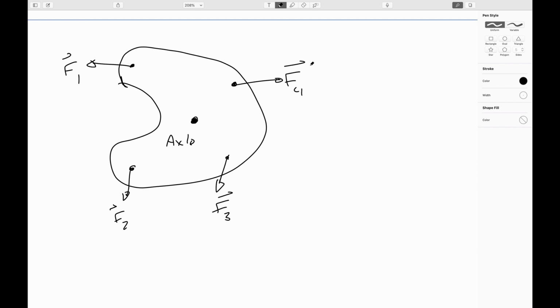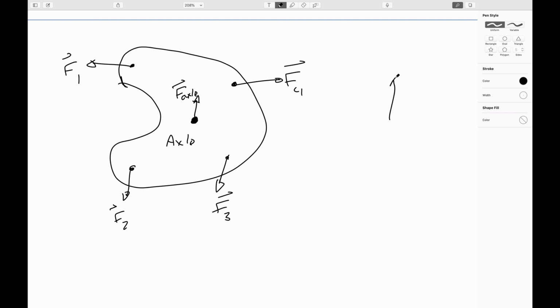So in general, these forces probably aren't going to cancel. The way I have this drawn, there's a pretty steep downward component. So the axle itself is going to have to push against the object. So first off, let's think about what torque that force from the axle applies.